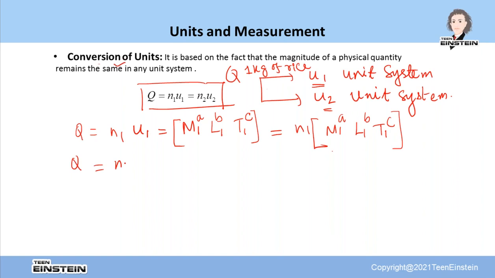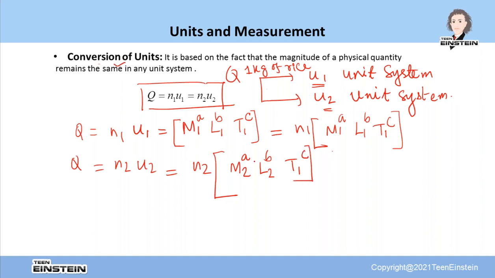So this can be written as N2 U2, where this is N2 and in a square bracket M2 to the power, same dimension, and T1 to the power C.